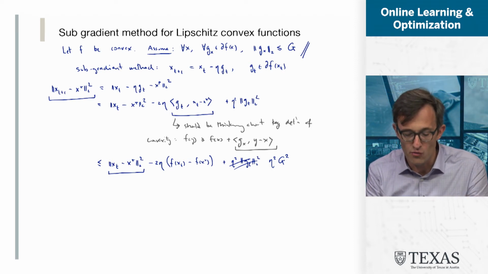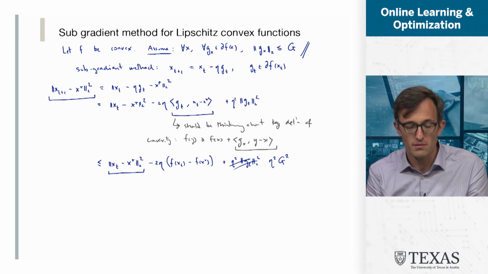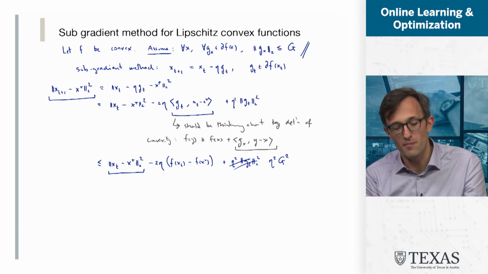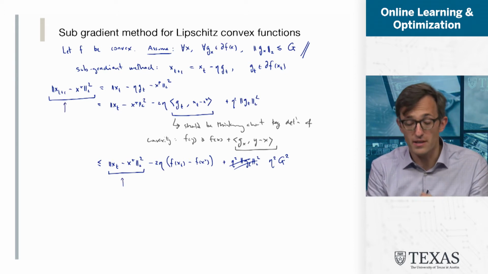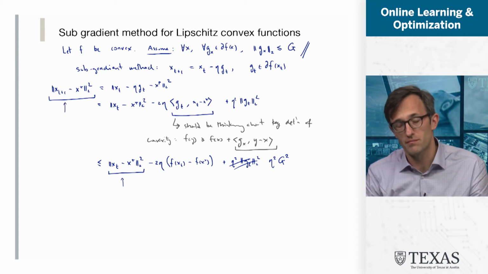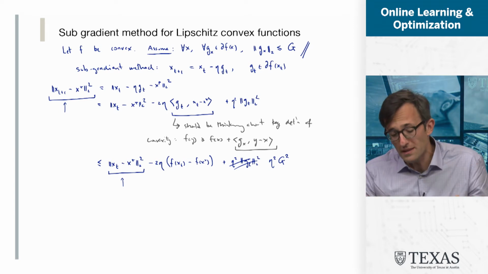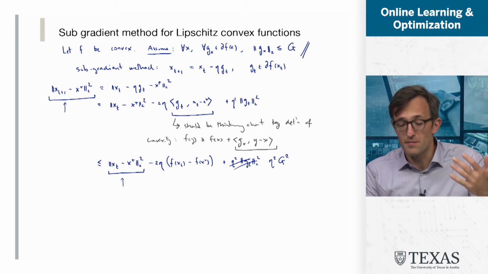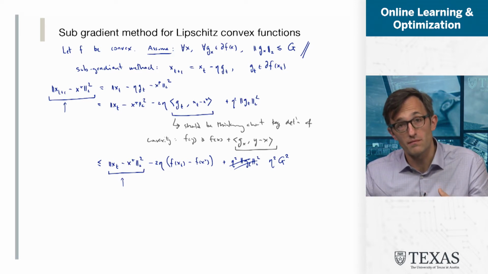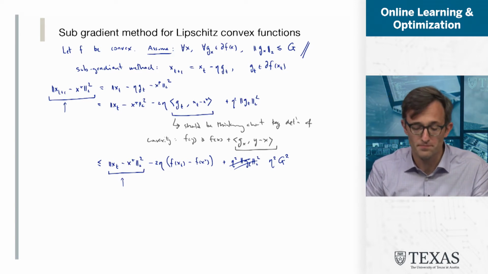If I repeated this iteration, this is basically a recurrence relationship. I've bounded xt plus 1 minus x star, that's my first term, with xt minus x star plus some other stuff. So I could presumably just repeat this, and xt minus x star would be bounded by xt minus 1 minus x star plus some other stuff. I could repeat this over and over again.